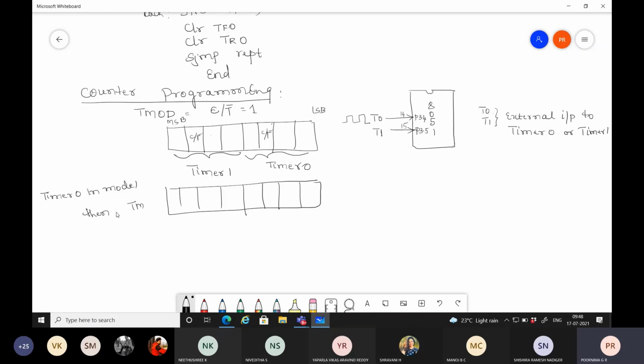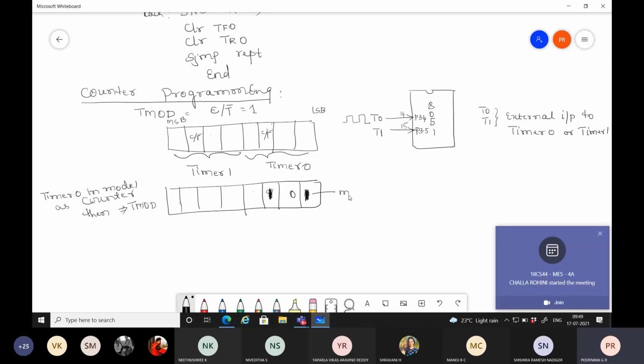TMOD will be equal to, okay, since timer 0 in mode 1, and what is the bit for this? The C/T bar bit should be 1, because we are using timer 0 in mode 1 as a counter. So 1, and then 0 1, okay, mode 1, right?